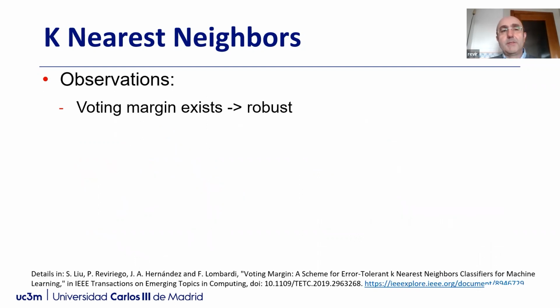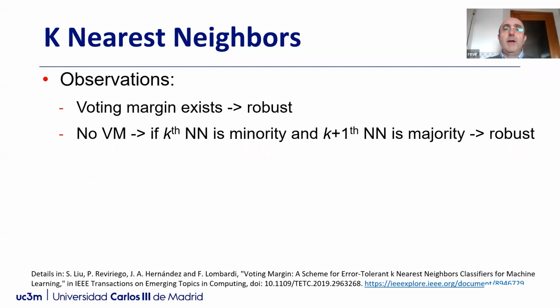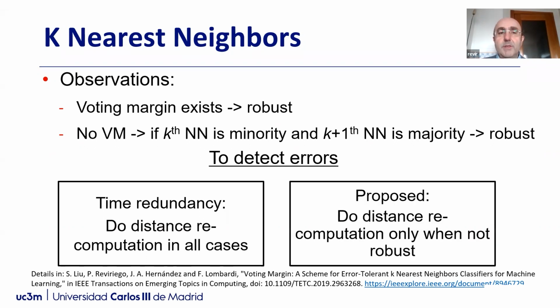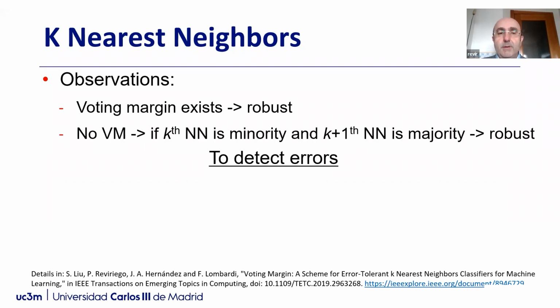So for this very simple classifier, if we have a voting margin, we don't need to care. If we have just a very tight vote and there is no margin, we can look at the classes of the k and k+1 neighbors, and based on that also detect errors. If we were to implement time redundancy in these systems without using the algorithm, we would run it twice and make sure that we are getting the same output on both runs, and then we would say the result is error-free.